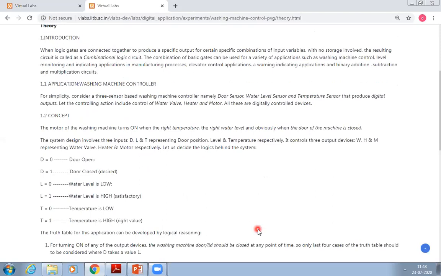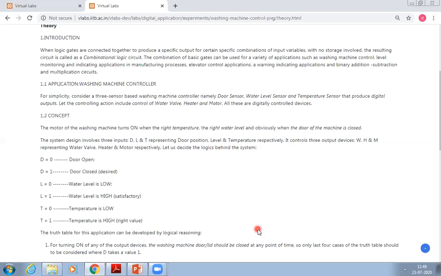Once you identify your input and your output, you draw one black box, give input, give output. The motor of the washing machine will be turned on when there is right temperature, right water level, and obviously the door of the machine is closed. So the motor will run when there is sufficient temperature, sufficient water level, and the door is closed.